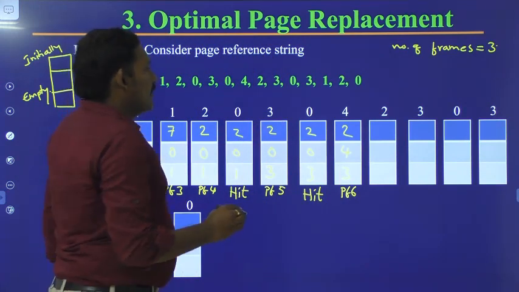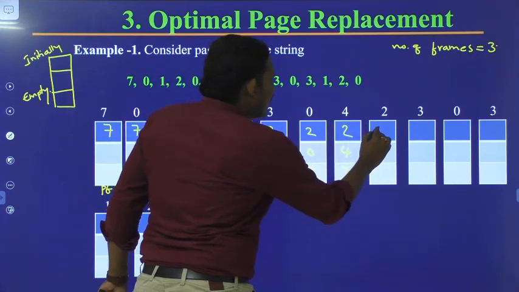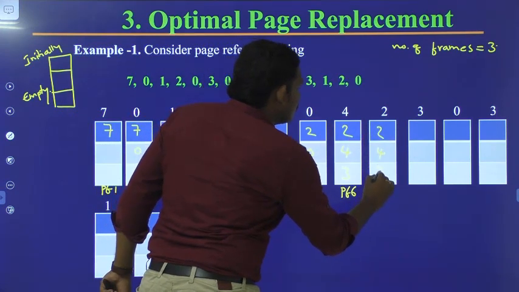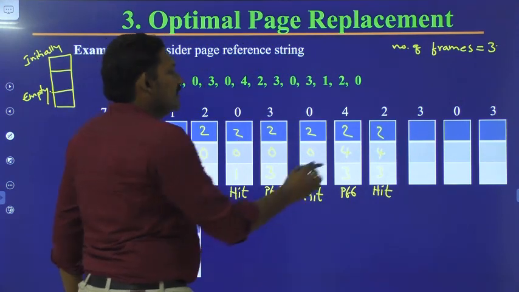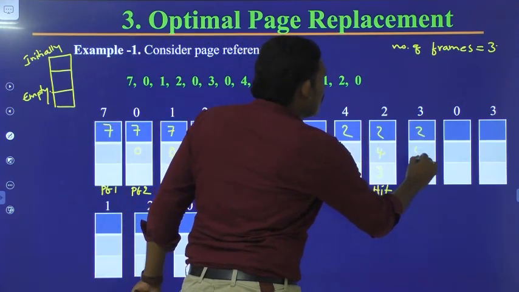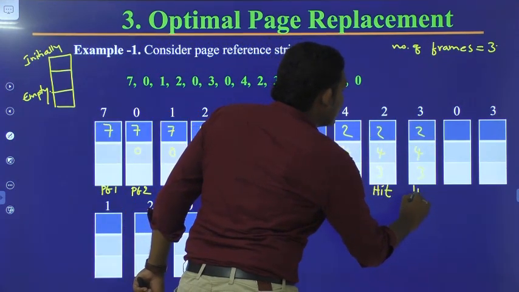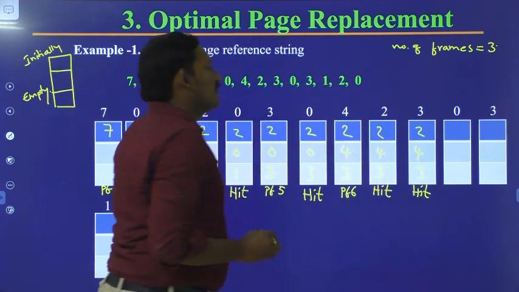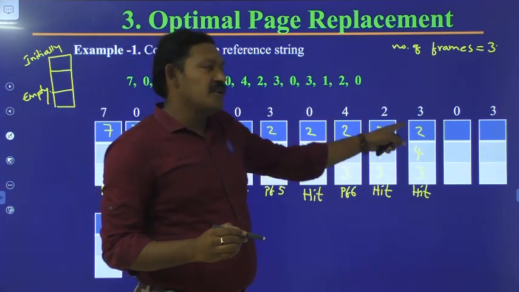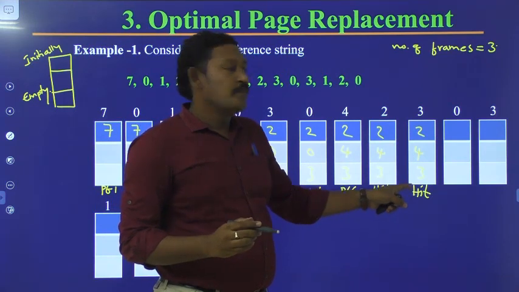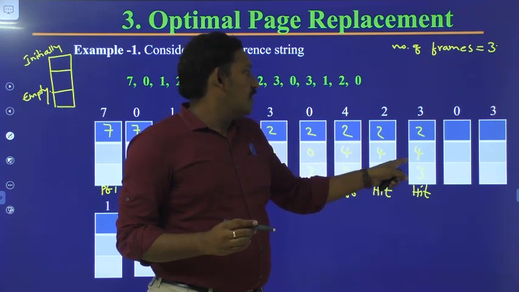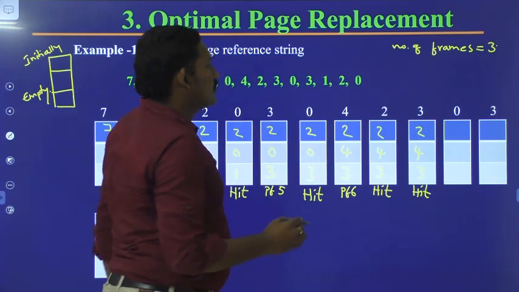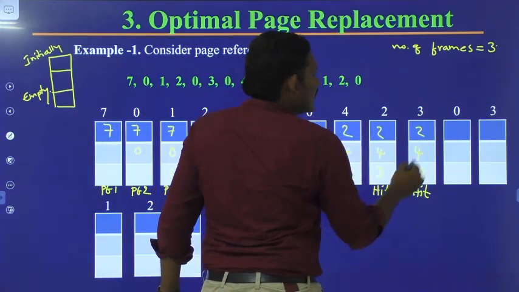Okay. Next 2. 2 is already there. So 2, 4, 3. So it is hit. Next 3. 3 is already there. 2, 4, 3. Hit. So next 0. 0 is not available in the main memory. So what we have to do? If you want to bring 0 into the main memory, which is to be removed? 3 is used in the near future.